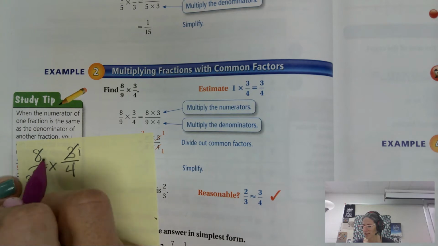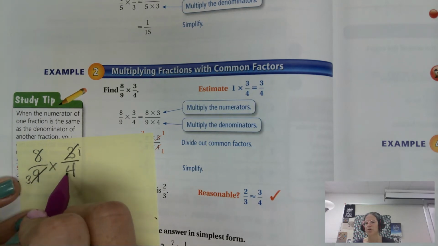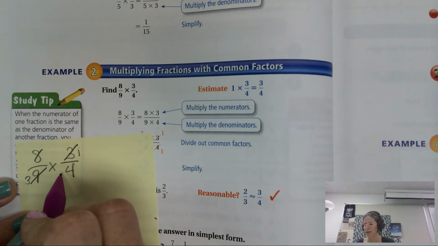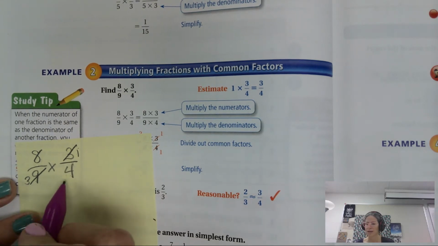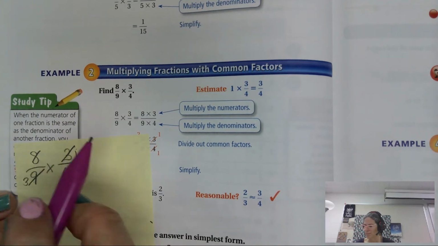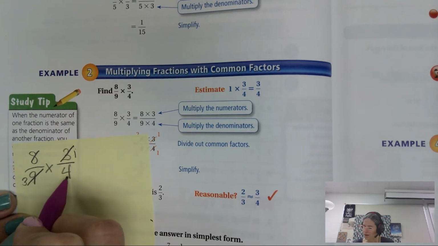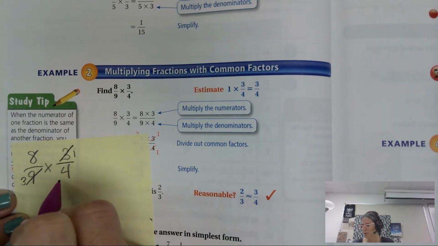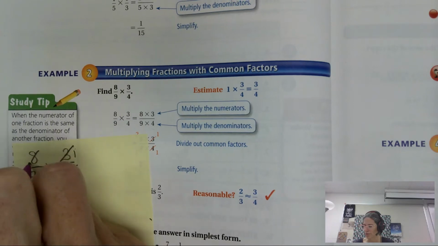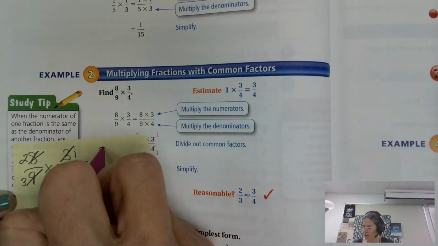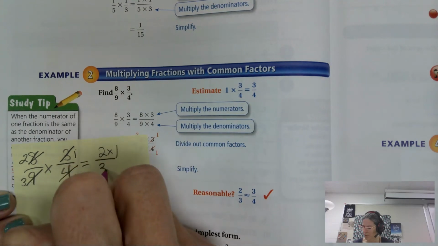8 and 4, do you see how they're numerator and denominator? So when you simplify, it has to be numerator denominator. It can't be denominators, it can't be just numerators, it has to be cross simplifying, okay? 4 and 8 have a common factor of 4. 4 goes into 4 one time, 4 goes into 8 two times, and then I end up with 2 times 1 over 3 times 1.